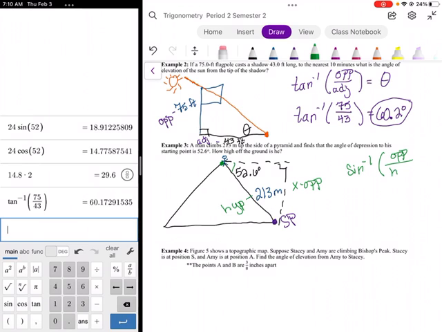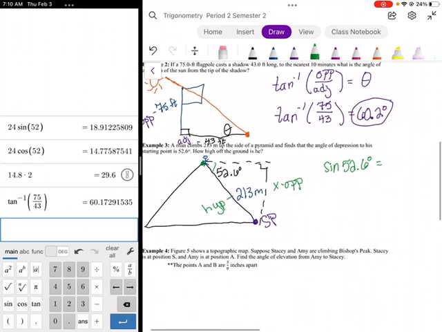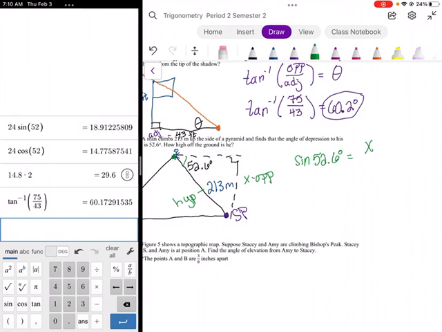Oh wait, I'm sorry. We don't need to use the inverse. We're not looking for an angle. So we're just going to use regular sine. Sorry about that. So we're going to have 52.6 degrees equals our opposite length of x over 213. Now that we have that, we can go ahead and solve.